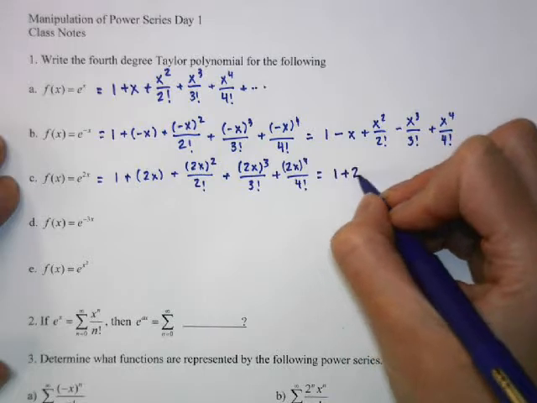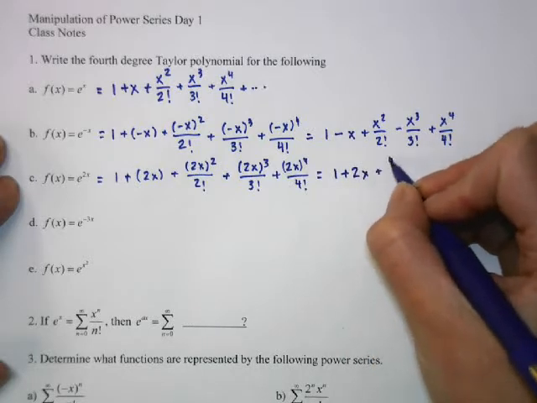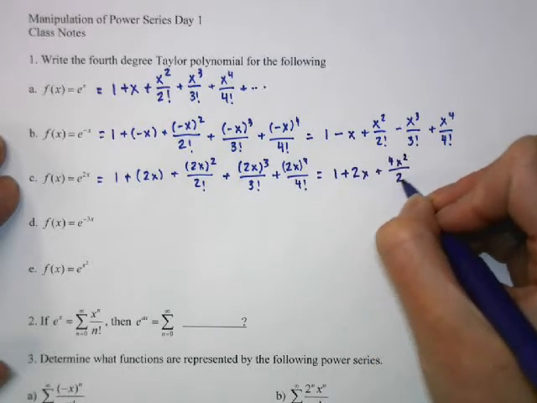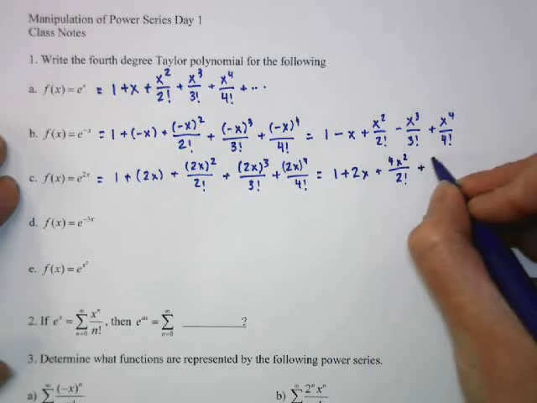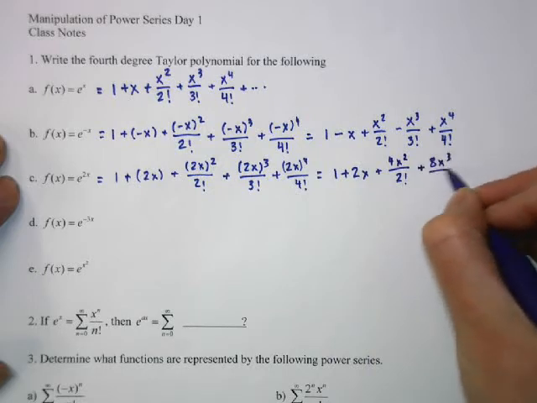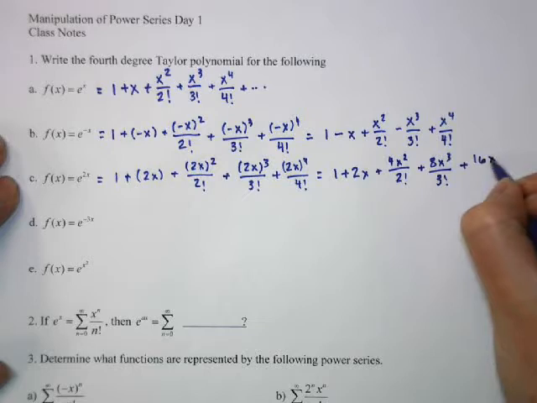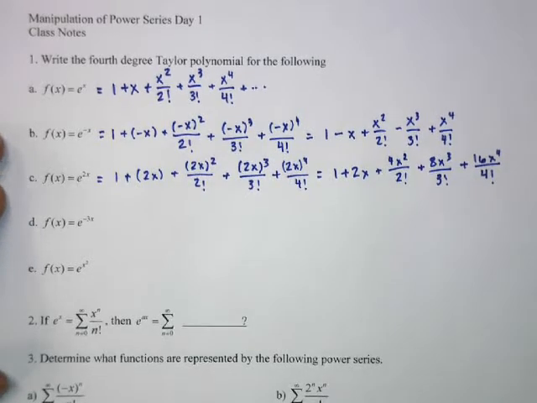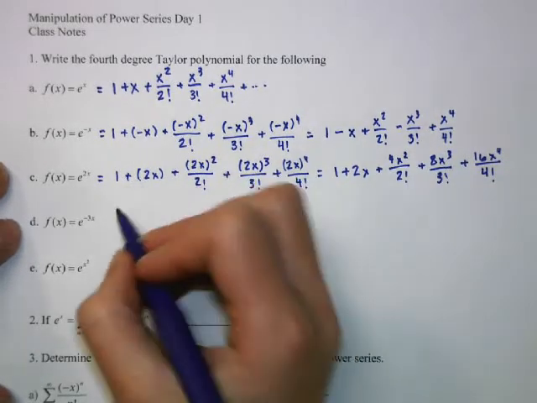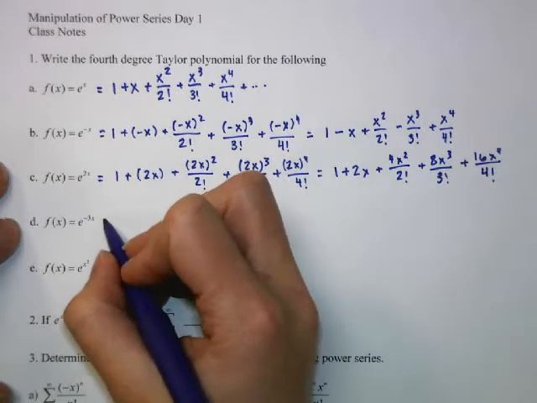So 1 plus 2x plus 4x squared over 2 factorial plus 8x cubed over 3 factorial plus 16x to the fourth over 4 factorial. Okay, negative 3x.